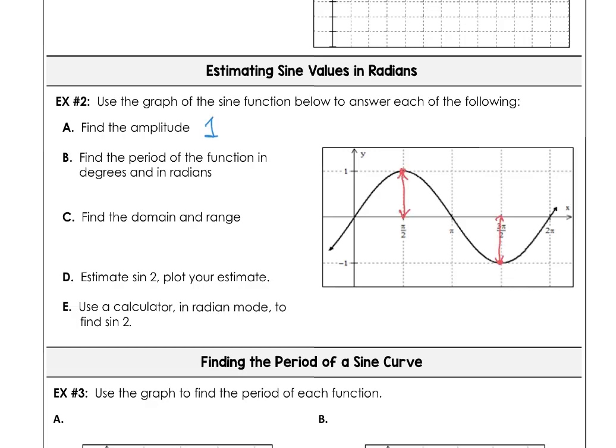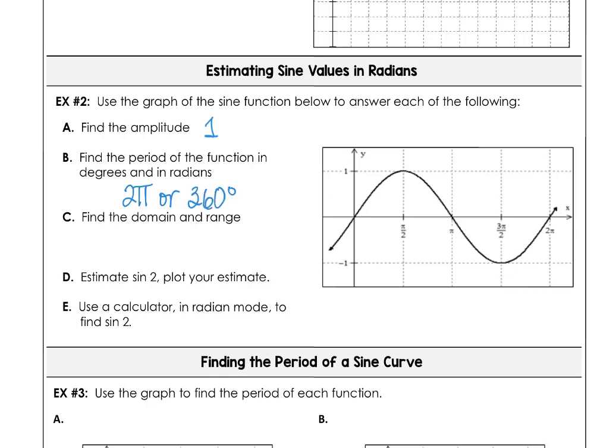We want to find the period of the function, and since it's a sine curve, the 5 key points: intercept, maximum, intercept, minimum, intercept. So the period is 2 pi, or 360 degrees.